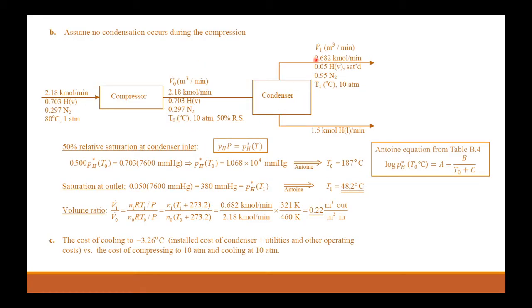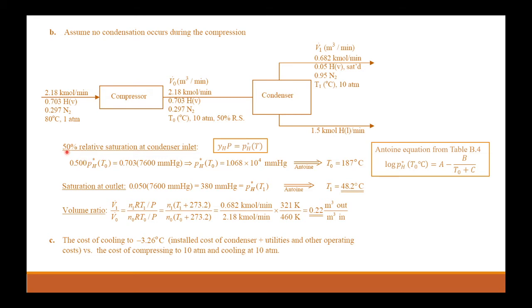So we need to find V1 over VO, where VO is the gas stream that enters the condenser. Same thing, we use this equation here to find our vapor pressure of hexane at that specific temperature.